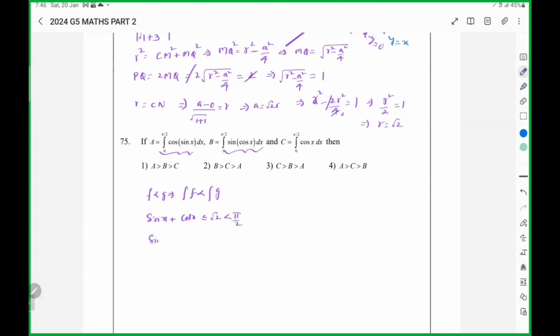From here, sin x is less than pi by 2 minus cos x. Cos of sin x will be, because cos is a decreasing function, if x is less than y, cos x will be more than cos y.